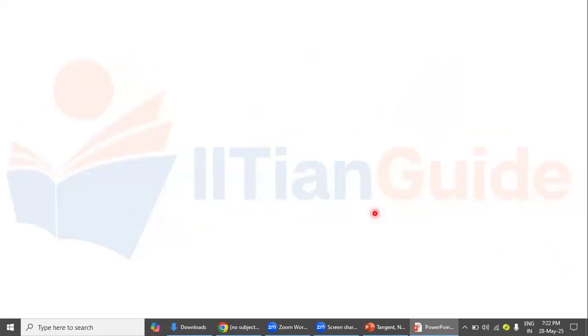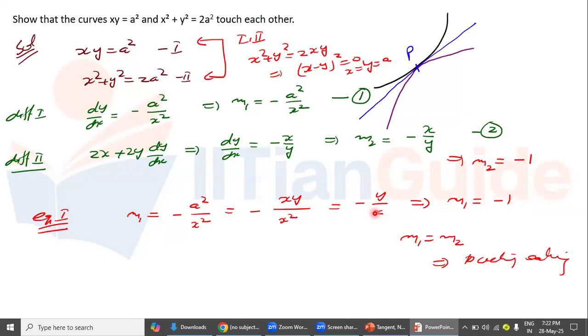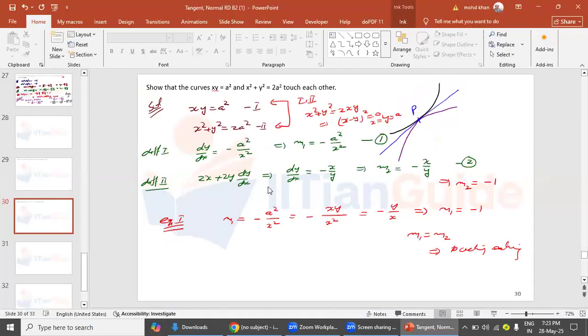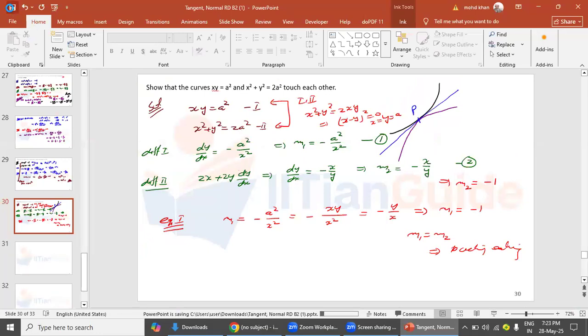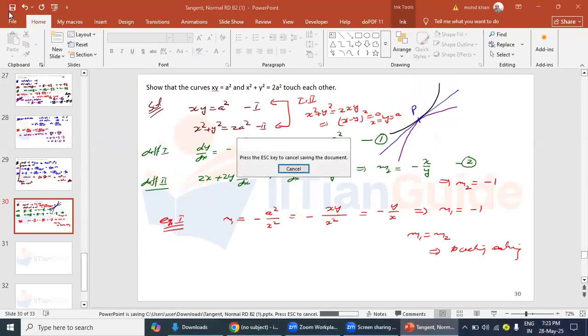Okay, can I move to the next one? Let's move. We have finished all the questions, all the varieties we have done. Now let's move to maximum minimum. It will take 3 or 4 classes maximum. And today also we have got late, but still we will do at least one question.